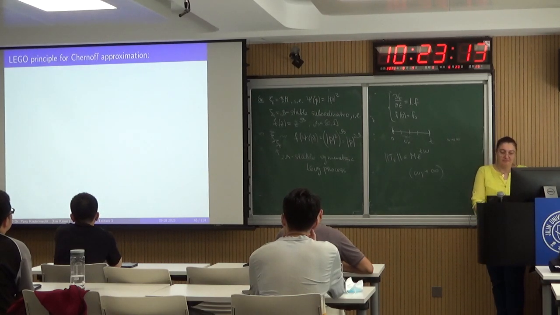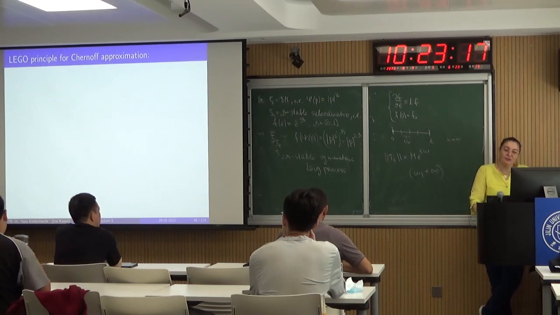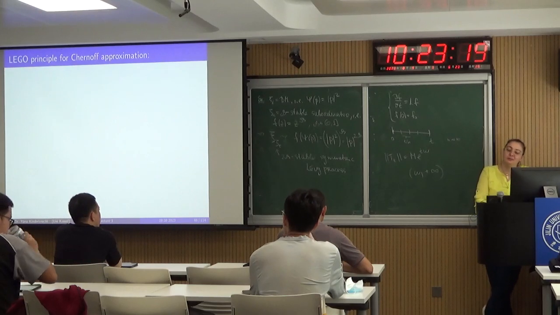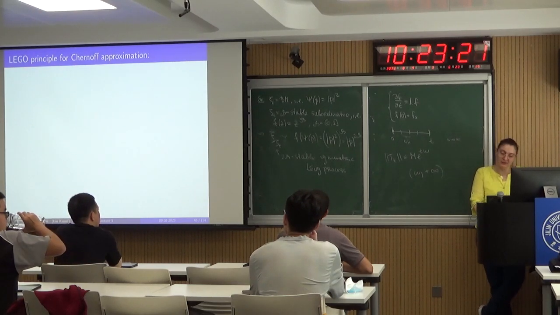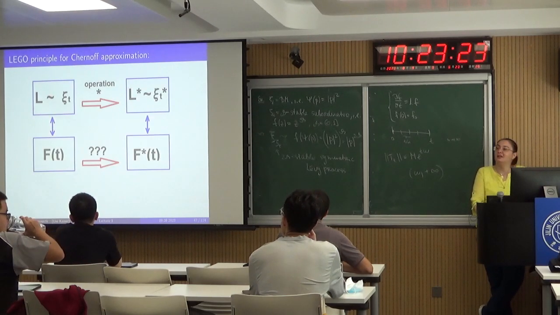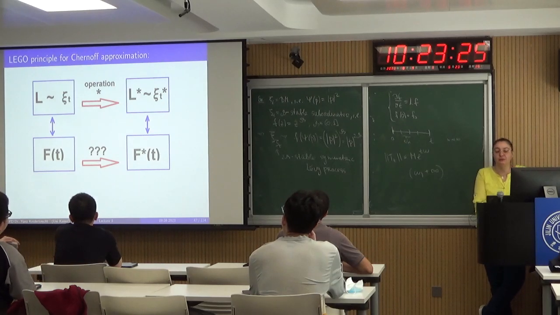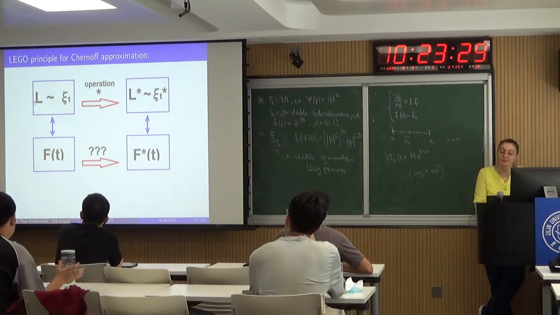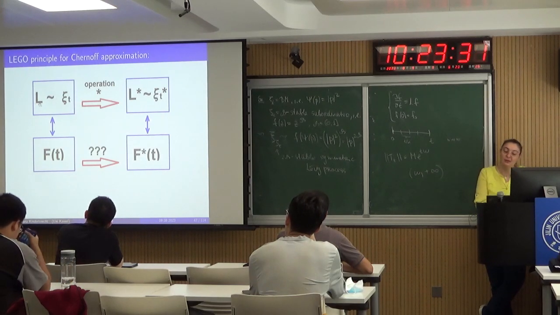So I'm trying to advertise the so-called Lego principle for Chernoff approximation. Let us obtain Chernoff approximations for different operations. We start from some simple semigroup with a simple generator and assume that we know the semigroup explicitly, or we know how to approximate it.